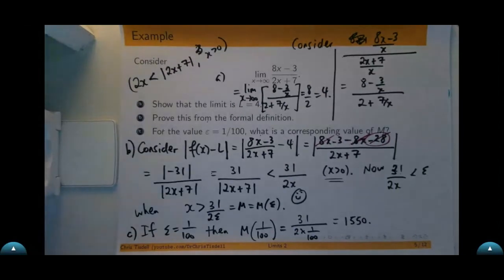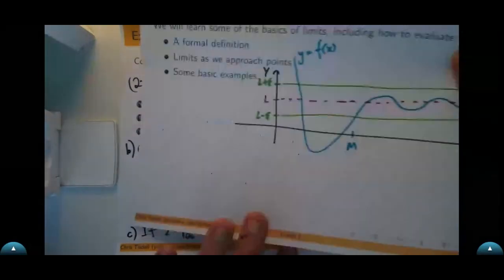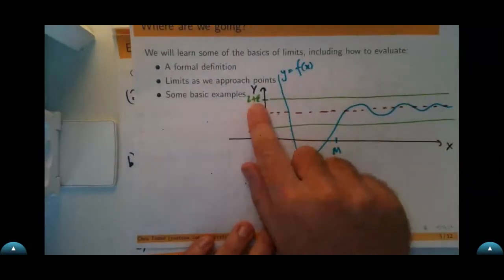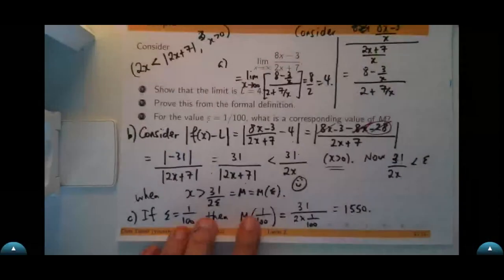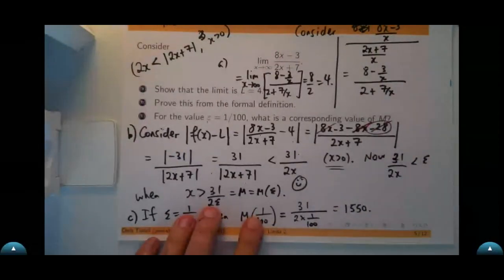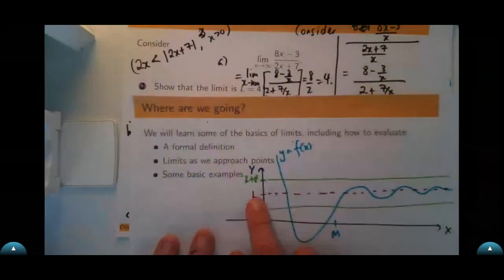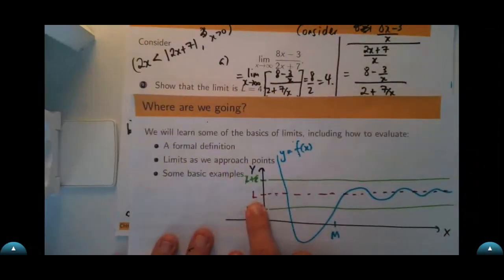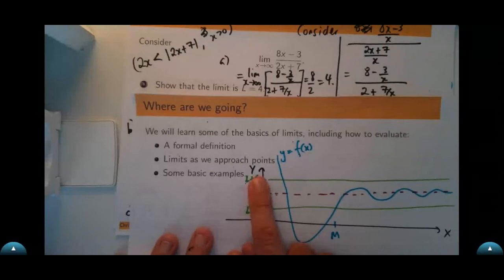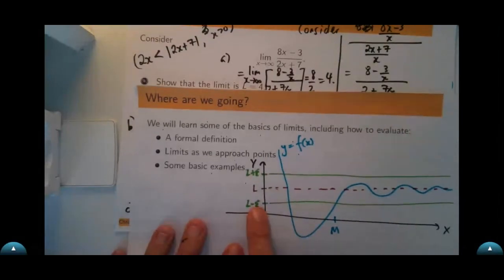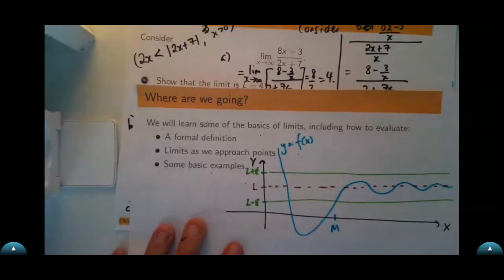Let me go back to the picture. So that would be, okay, for this particular problem, Nandan, that would be 4. That would be 4 plus 1 on 100. That would be 4 minus 1 on 100.